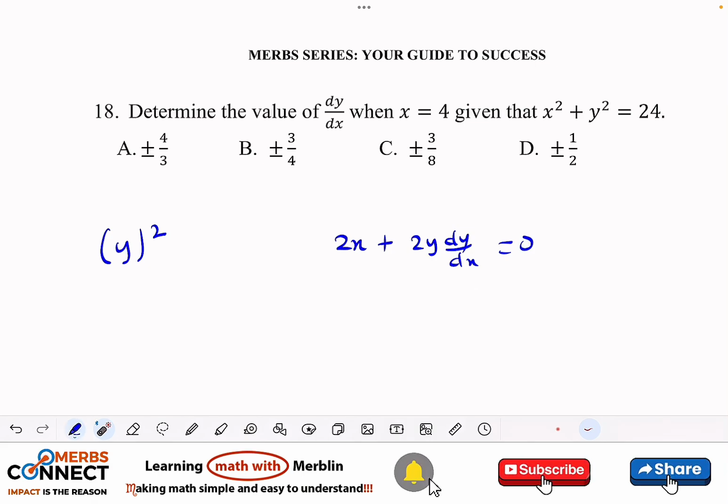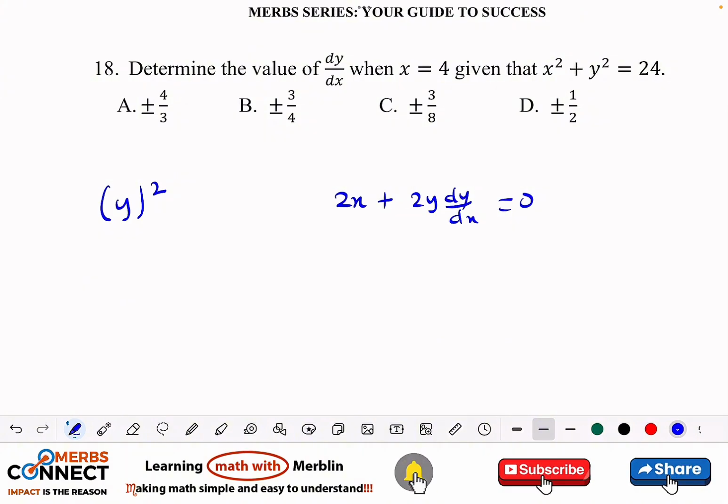Then we know that x is equal to 4, right? So when you plug in 4, you are going to have something like 2 times 4 plus 2y dy over dx is equal to 0.